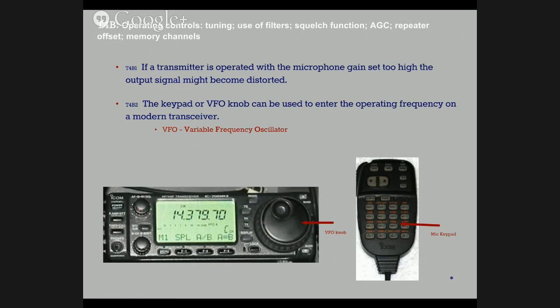Transmitters have gain control on the microphone, which is like a volume control, but we call it gain because it's being amplified. Gain set too high can cause distortion, which we call clipping, if it exceeds the zero decibel threshold.